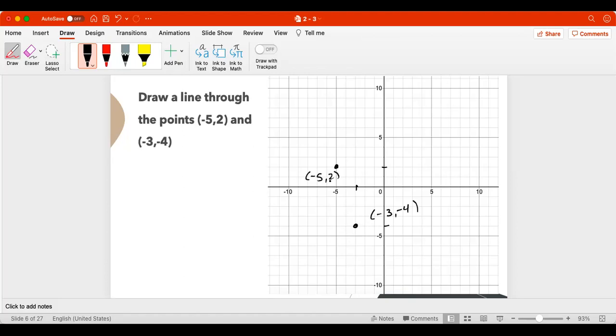I like to label them. You don't have to do that if you can see what they are. Again, I'm going to do my best to draw a straight line here. So it looks something like that.